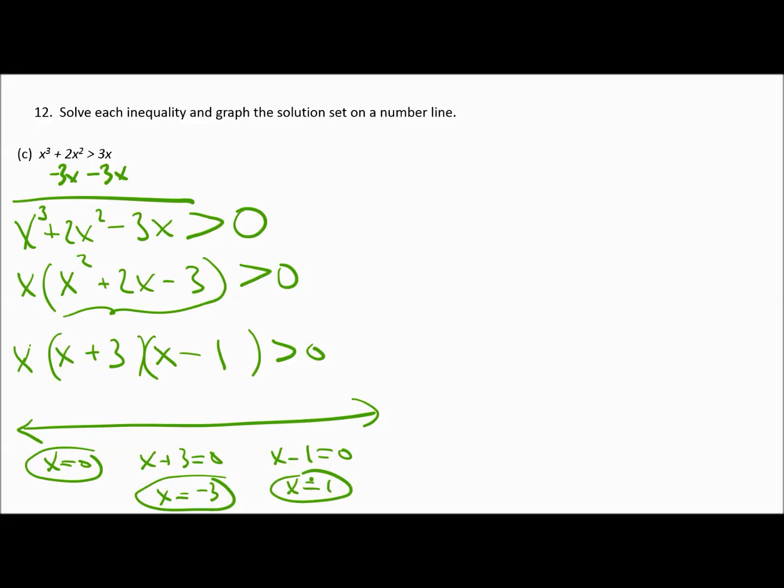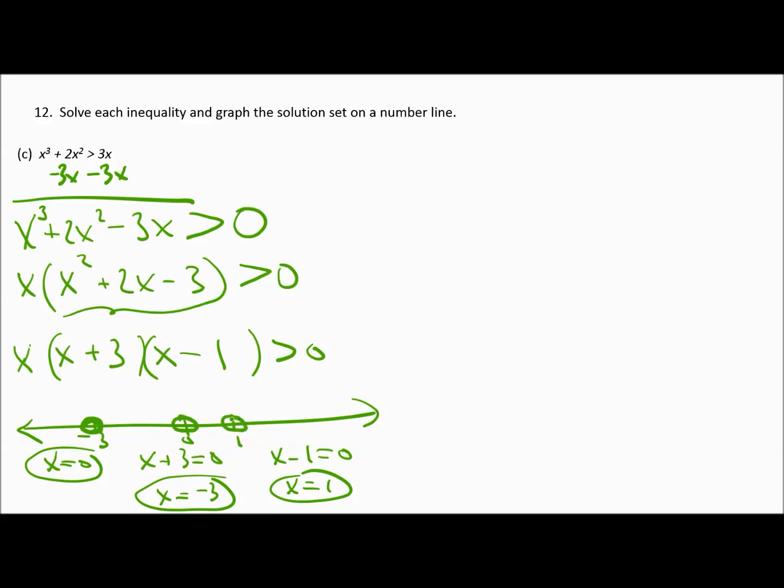These are values that go on the number line that split my number line up. In order, I've got negative 3, and then 0, and then 1. Now what's going on with these? Well, strictly greater than 0 means these points are not included. There's an open circle there, there, and there.